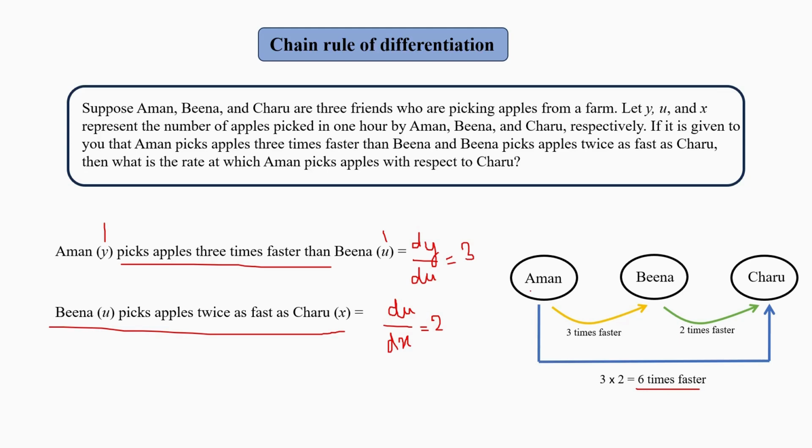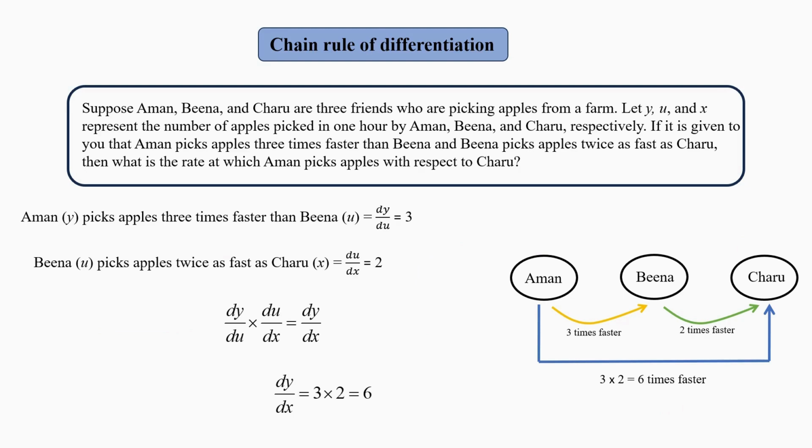What does this actually represent? It represents dy, because Aman was y, Beena was u, and Charu was x. So this blue line actually represents dy upon dx is equals to 6. Okay, so let us see it in terms of derivative.